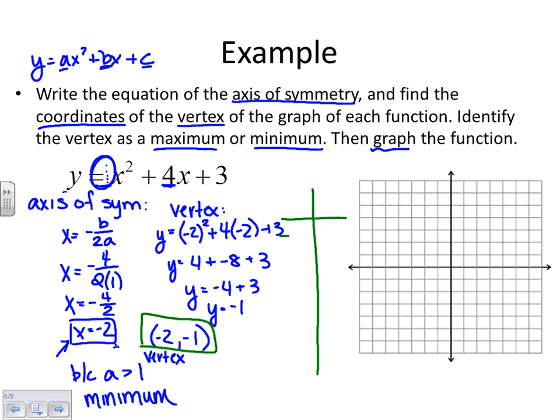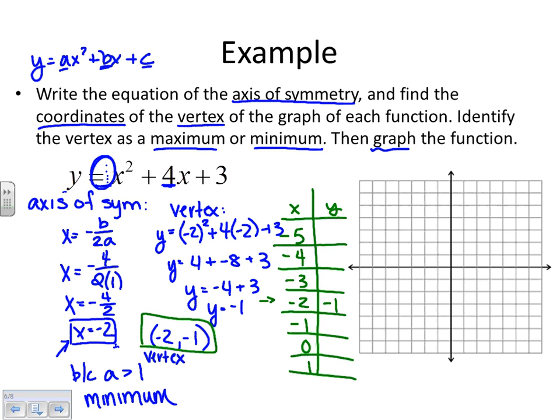So I'm going to have -5, -4, -3, -2, -1, 0, 1. And notice this -2 is right smack dab in the middle. And so I already know this point as -2, -1. This is x, this is y. And I've got to plug in and find these other points here.